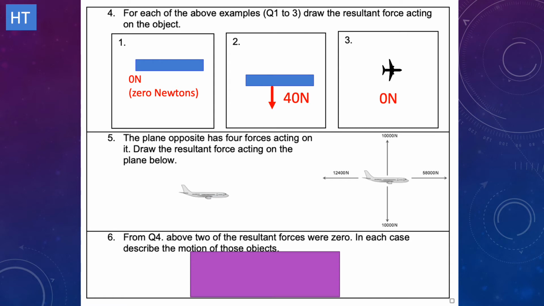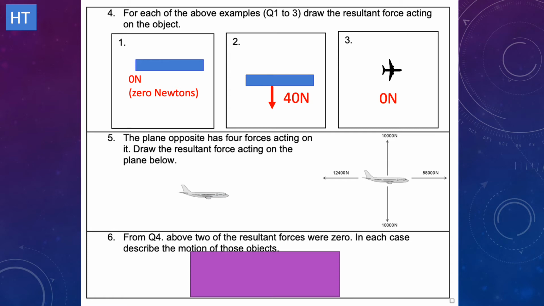Now, looking at your thrust and drag, you can obviously see that they're different. And when they are different and working in opposite directions, then you're going to subtract them. Now, after you subtract them, the next step is figuring out which direction it is going. And like I said before, it's going to go in the direction that has the bigger force. So in this case, it's the 58,000 newtons.